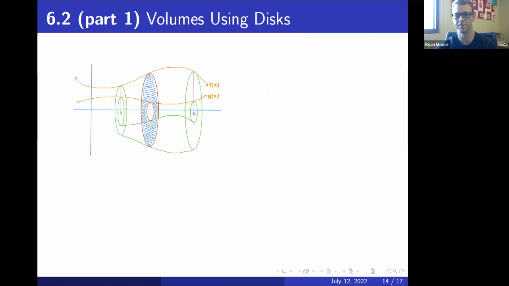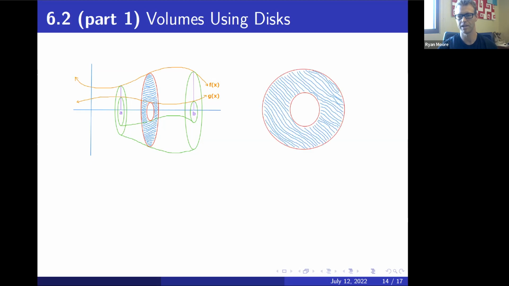Let's fill in that cross-sectional area. But in order to figure out what the area of that blue region would be, let's look at it straight on. So let me create that circle again, that cross-sectional area, but looking at it head on. I think we can get the area a little bit easier this way.